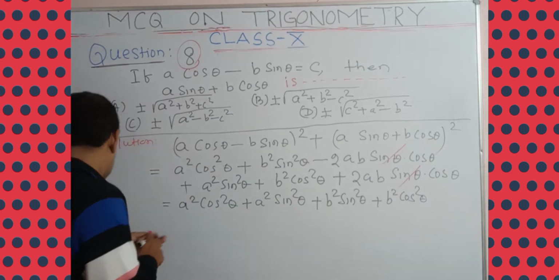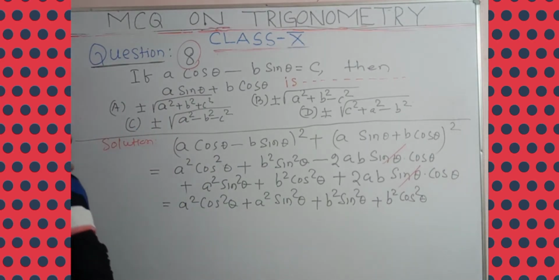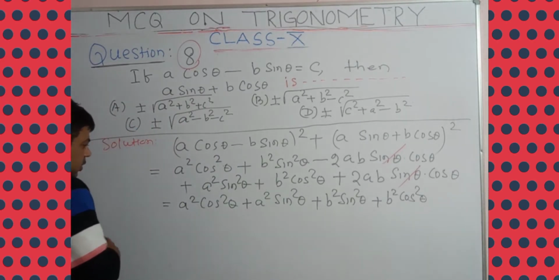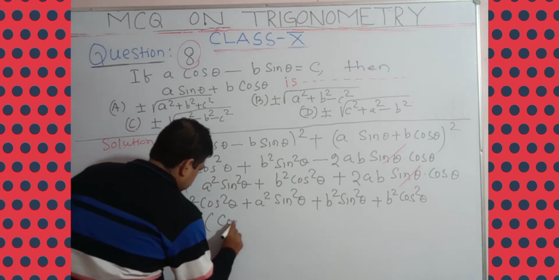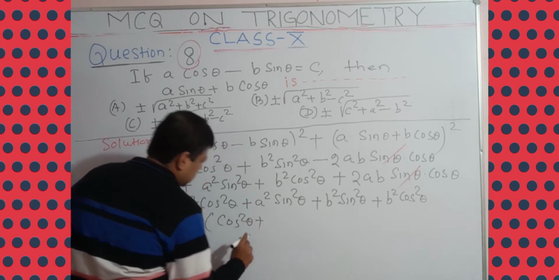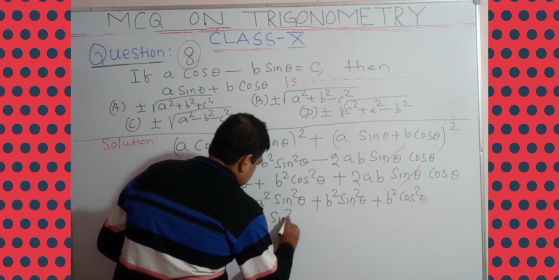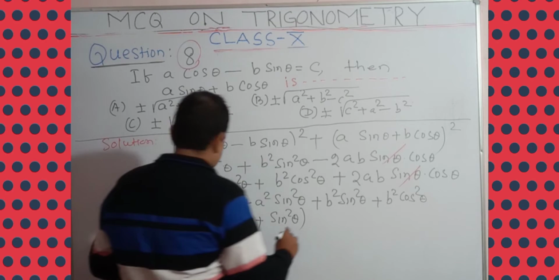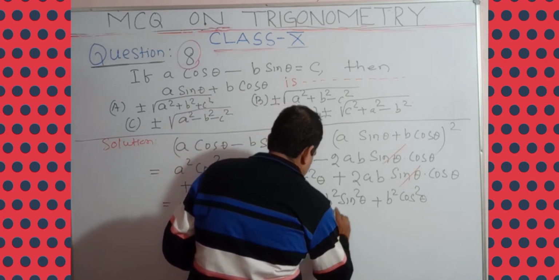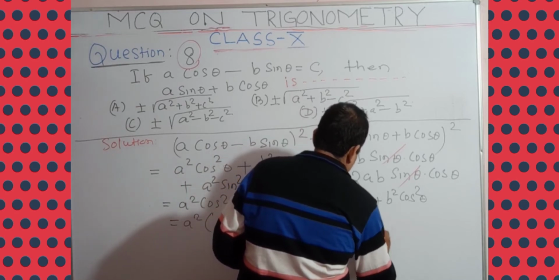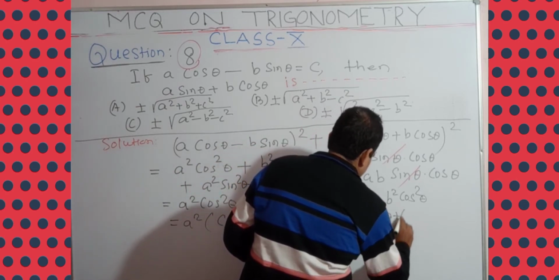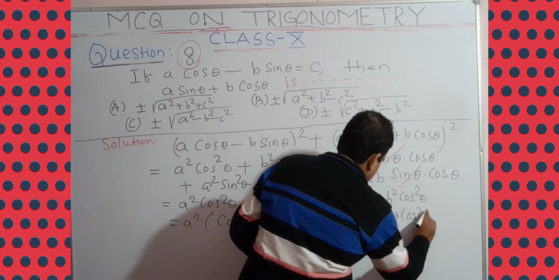Understand? Okay. You see now, a square, can you take the common as a square? Yes. So a square whole into cos square theta plus sin square theta. Here we can take b square as a common factor. It will be b square whole into sin square theta plus cos square theta.